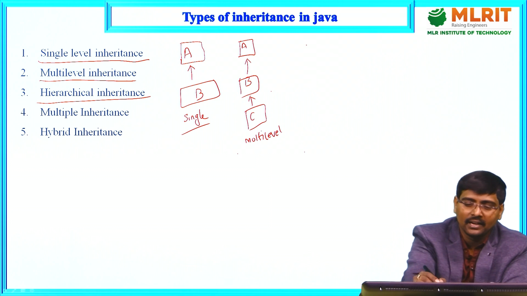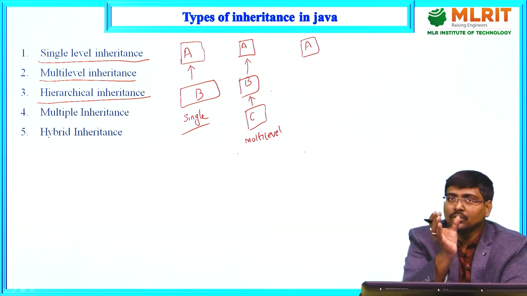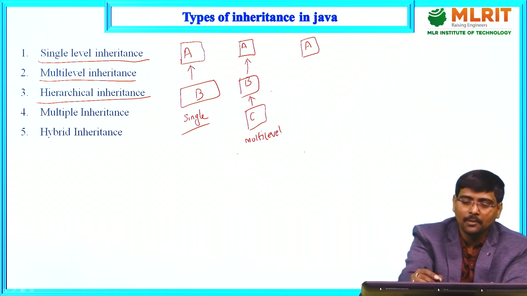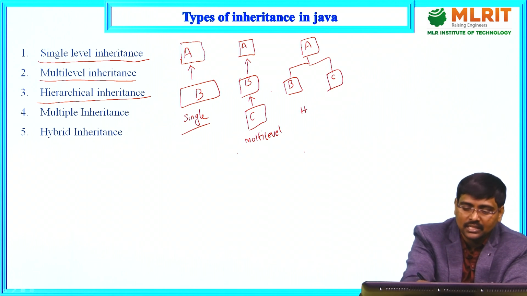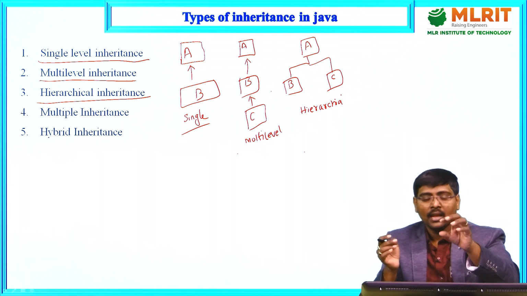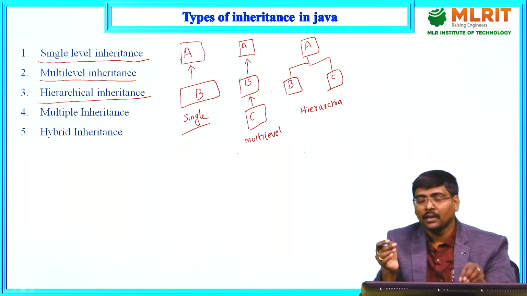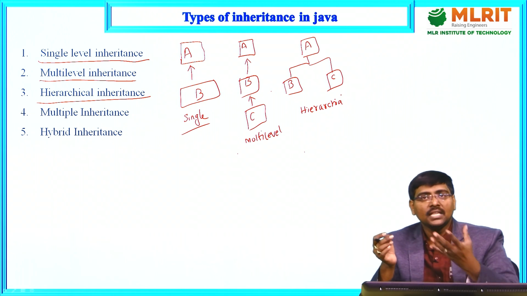Hierarchical inheritance in the sense one parent distributes the properties to multiple children. So, one parent to multiple children. This is called hierarchical inheritance. That is, the properties of A are available to B and the properties of A are available to C also.